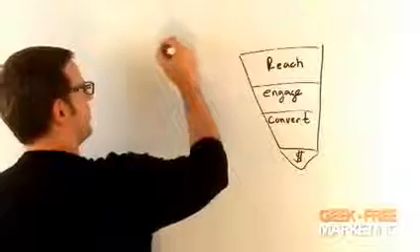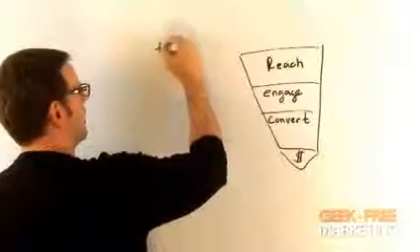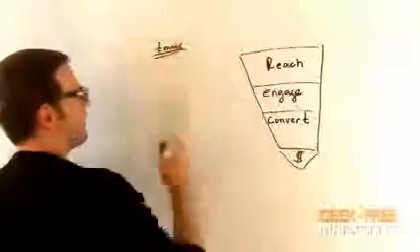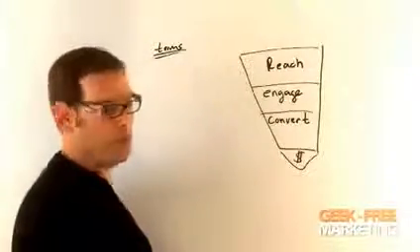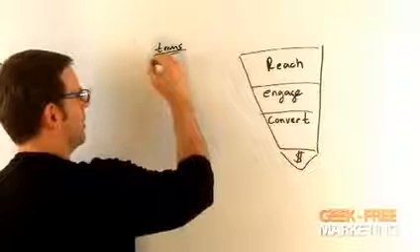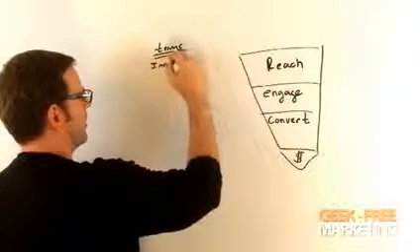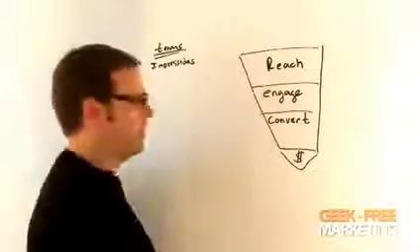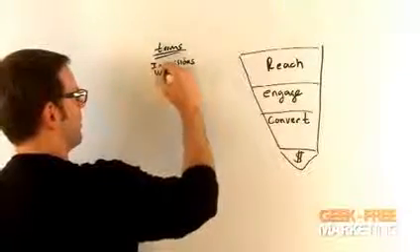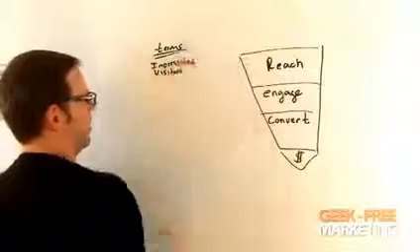Now, some of the terms associated with these levels. When we describe your online reach, you might hear terms like impressions that you're getting. Another term to describe your online reach that you're very familiar with is visitors and visits.